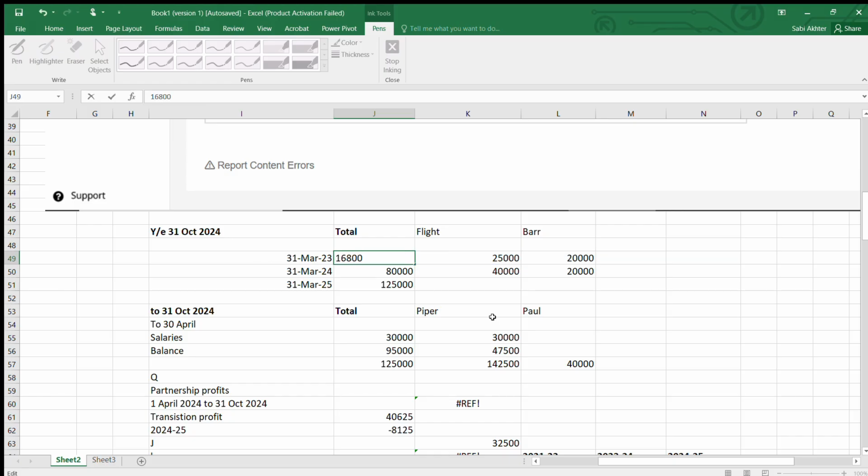16,800. So when you are finding the ratio for Flight, it is 55%. Here, just simply find this minus this, the balance. Now here you are making an 11,000 loss, minus 11,000.